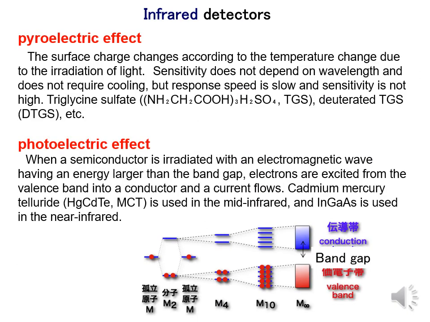Infrared detectors are roughly divided into pyroelectric effect type and photoelectric effect type. Pyroelectric effect detectors electrically detect changes in surface charge in response to changes in temperature due to light absorption. This type of detector is wavelength independent in sensitivity, requires no cooling and can be used at room temperature.